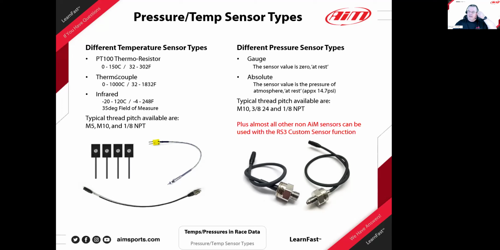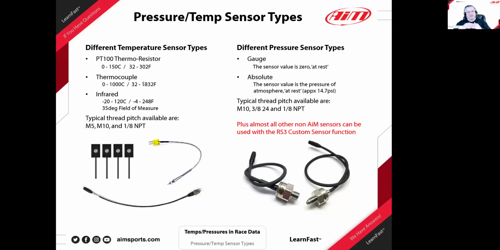The thing about those is that there's a temperature range that you should be considering using them in, and here in the States, in the Fahrenheit world, 32 to 302 degrees is the safe range to use those sensors, 0 to 150 C, which is great for fluids and even air temperatures and some other things, right? Very much the bulk of what you're going to try to get temperatures on fit into that world, and it's the best one for that.